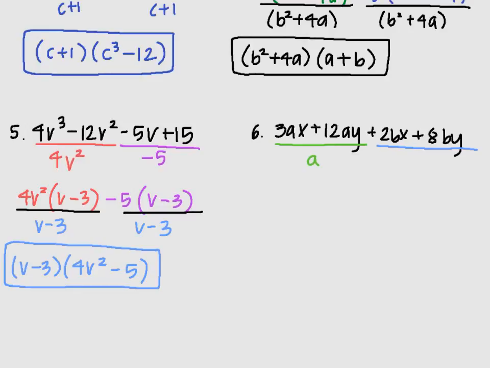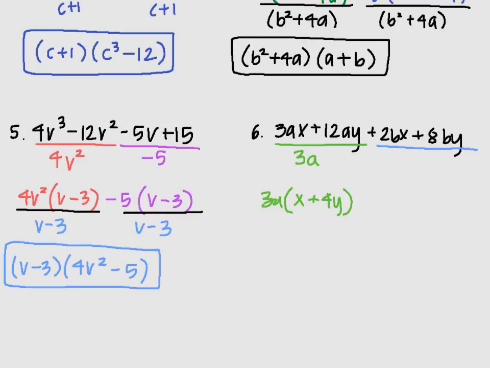The greatest common factor is the number 3, so I'm going to factor out 3a from the first 2 terms. So when I factor out 3a, or divide both terms by 3a, I end up getting 3ax divided by 3a is x. 12ay divided by 3a is positive 4y.